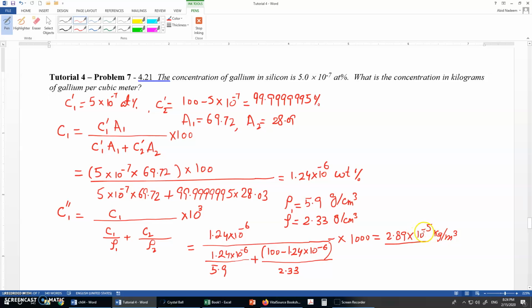If you convert it into grams, you multiply by 1000, so it will be 0.0289 gram per cubic meter. Okay, so it's a relatively very low quantity of gallium in the volume of silicon.